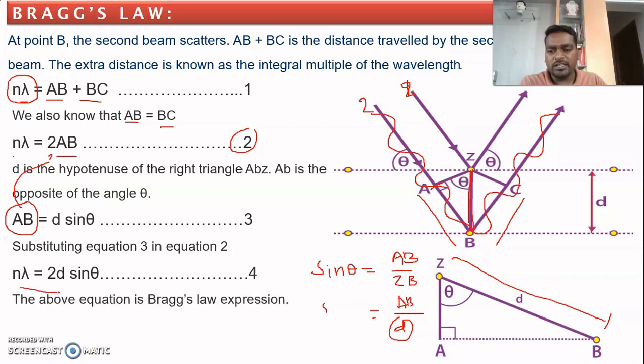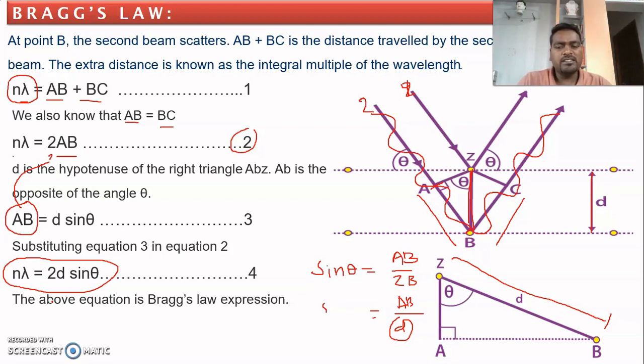This equation is called Bragg's law equation, and it is used to determine the interplanar distance, because the interplanar distance decides the nature of a unit cell. Based on the interplanar distance along different axes, we can predict whether it is a simple cubic, body centered or face centered unit cell.